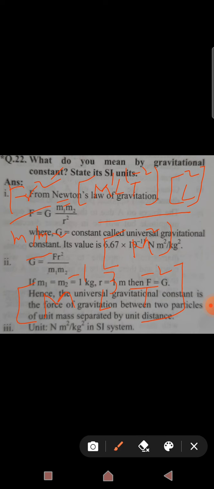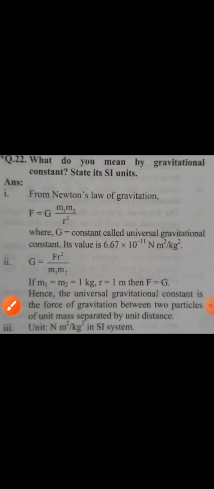This question may be asked as an MCQ type. What are the correct dimensions of the gravitational constant? Different options will be given, and based on that, we should choose the correct option. Again, it may be asked as a 1 mark question. The question may be, what are the dimensions of the universal gravitational constant?